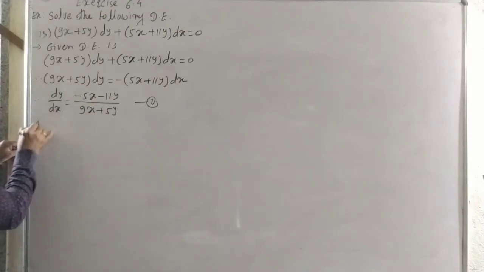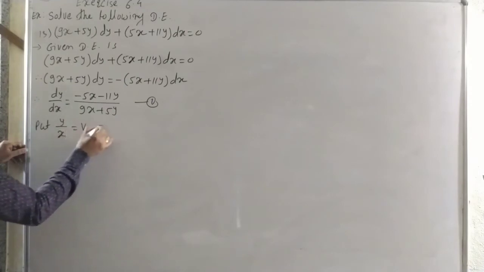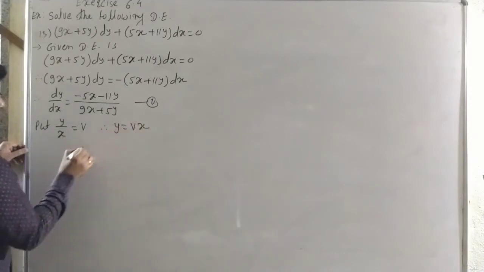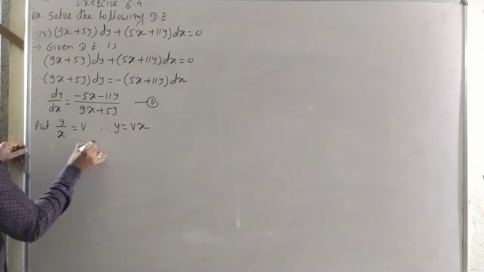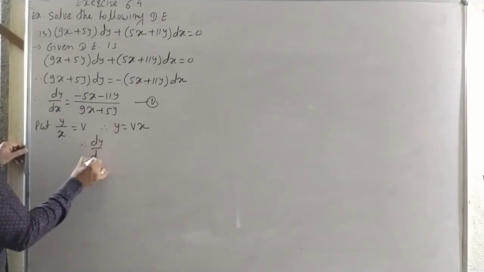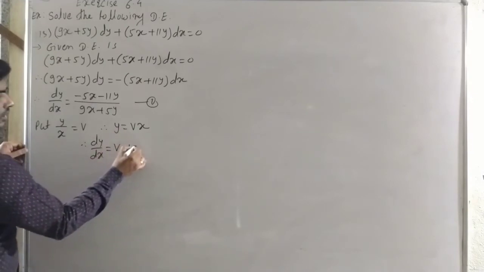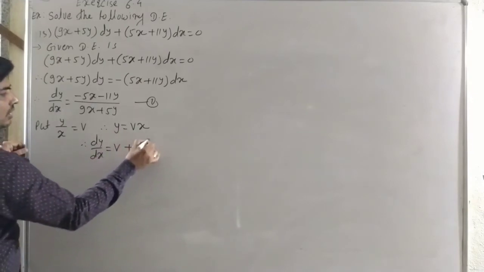Therefore put y by x is equal to v. Therefore y is equal to vx. Then differentiate with respect to x: dy by dx is equal to first as it is, derivative of second, plus second as it is, derivative of the first.